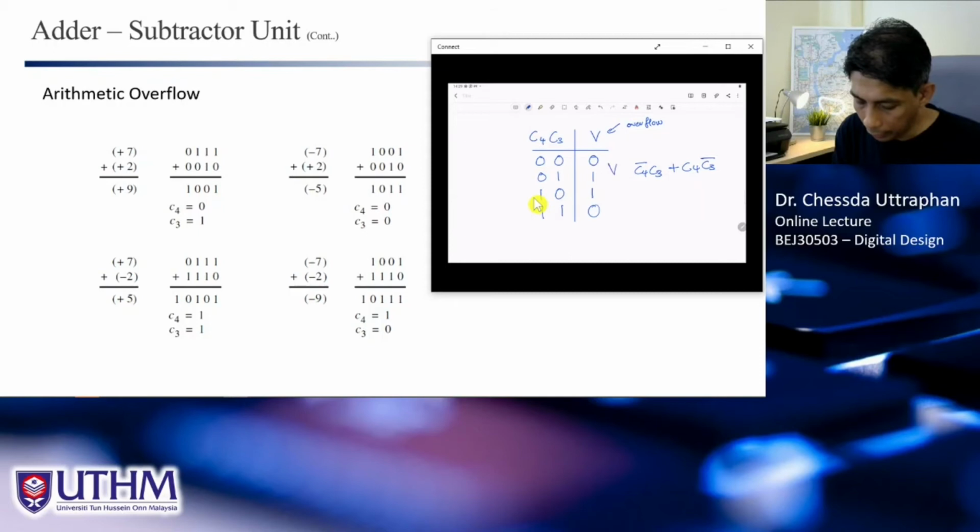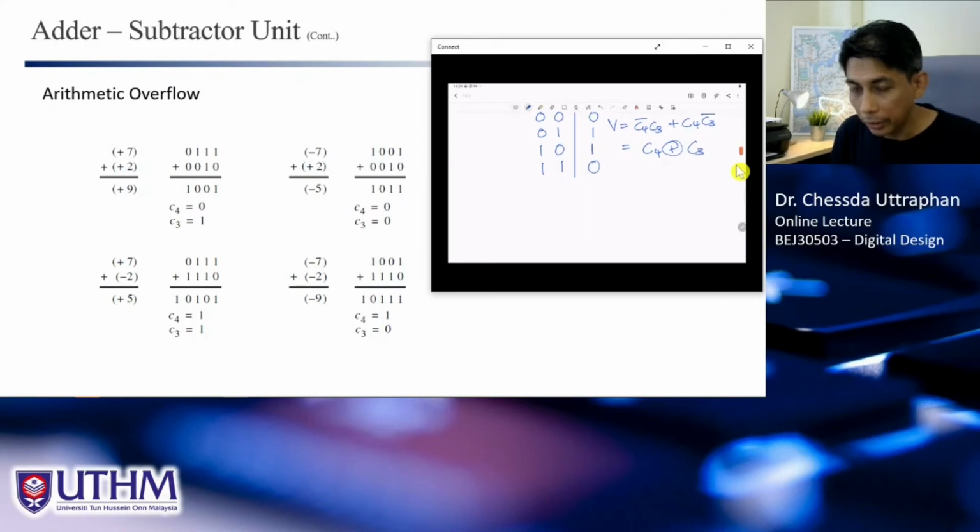You can say that V should be equal to C4 bar C3 or C4 C3 bar, and this is clearly an XOR gate. C4 XOR C3 means that we can detect the overflow by using these two signals, C4 and C3, by using an XOR gate.